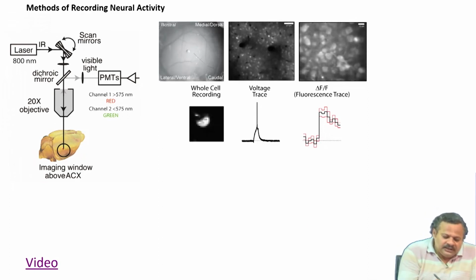So, this is an example. Here is the IR laser that we are talking about. Let us say it is 800 nanometer wavelength light that is falling.